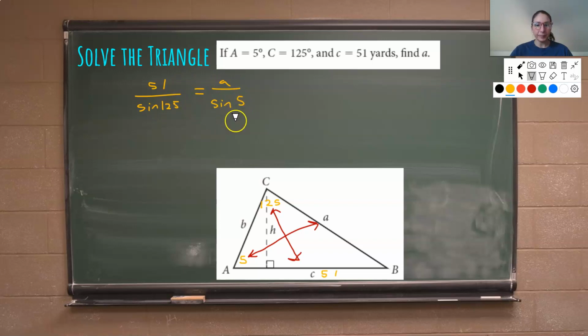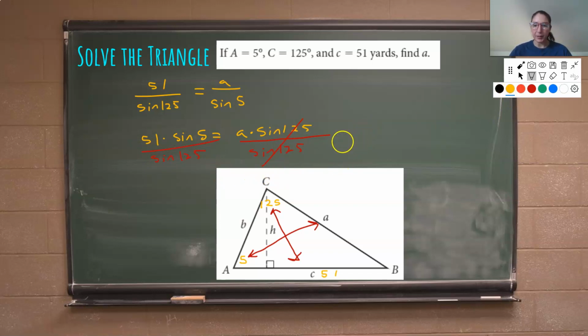Cross multiply, so that would be 51 times sine of 5 is equal to a times sine of 125. And again, we're going to divide both sides by sine of 125 to get these guys out of here. Let's see what little a drops out to be.